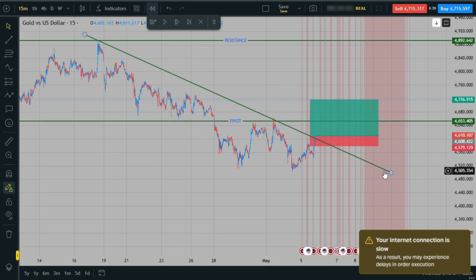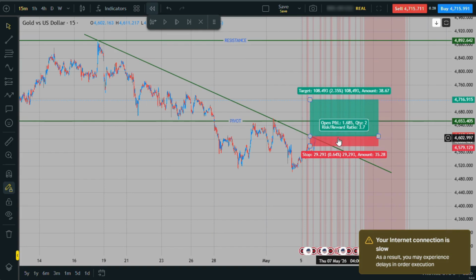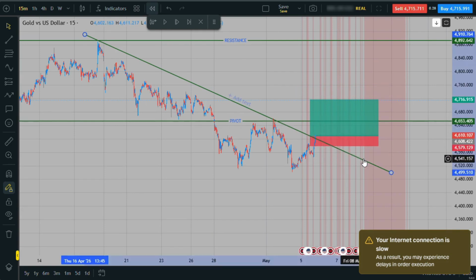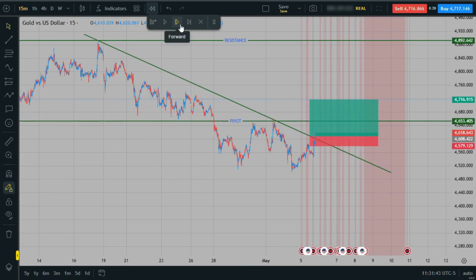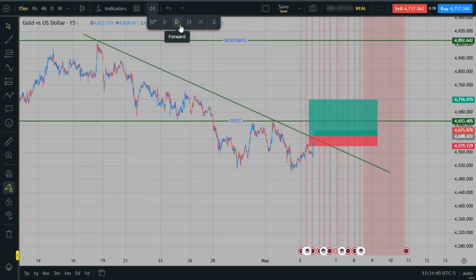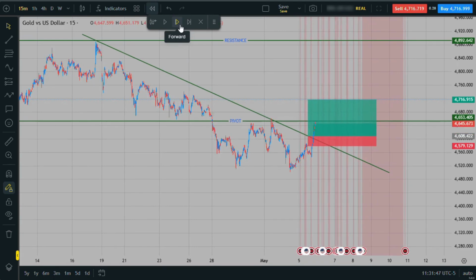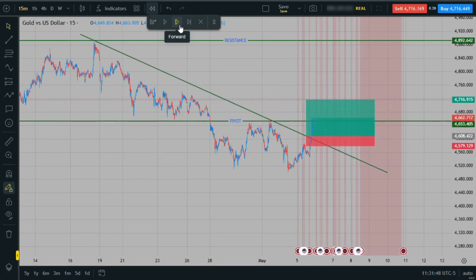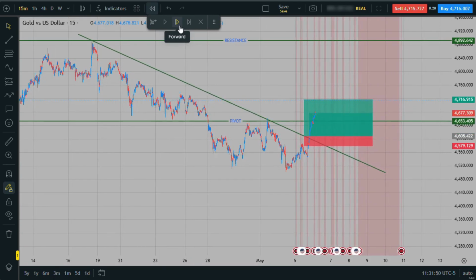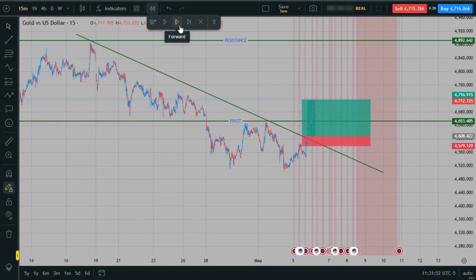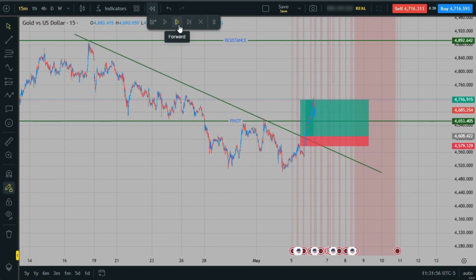Immediately price broke this trend line, I quickly took a buy trade, which finally gave us this. Then wow, take profit hit.